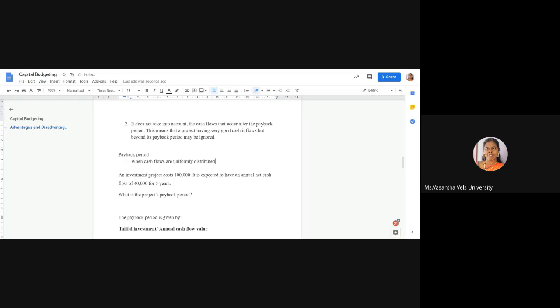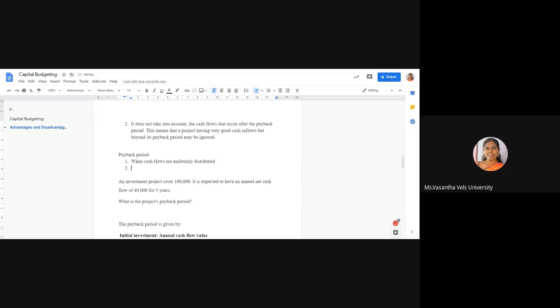Are you writing? Yes, ma'am. The second case is when cash inflows are uneven, that is, unevenly distributed.